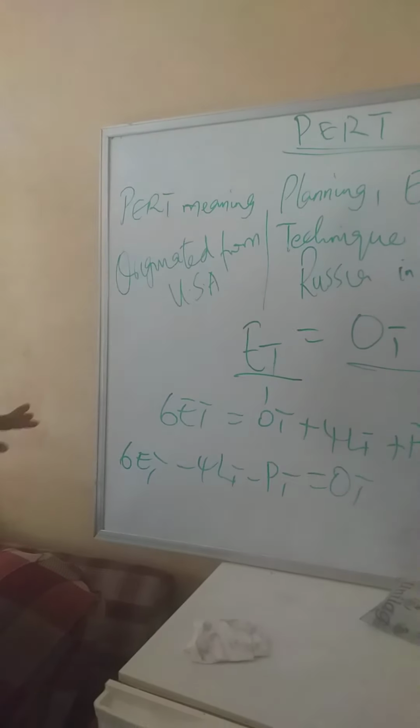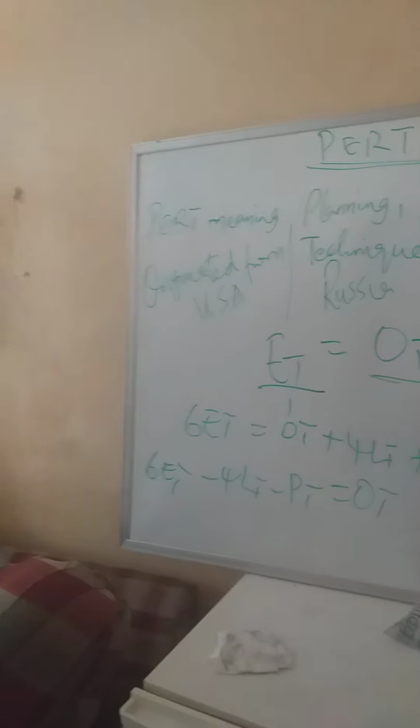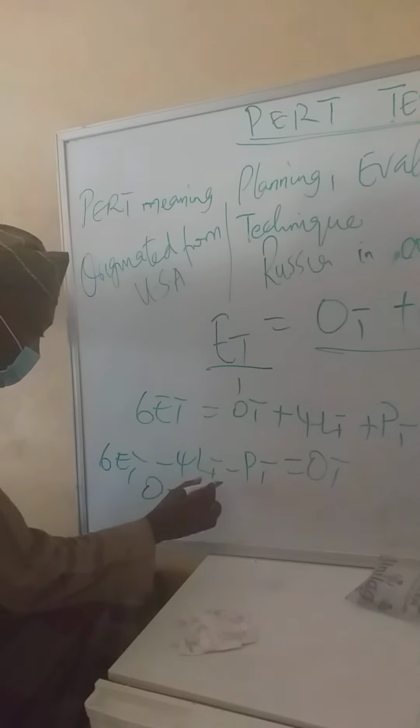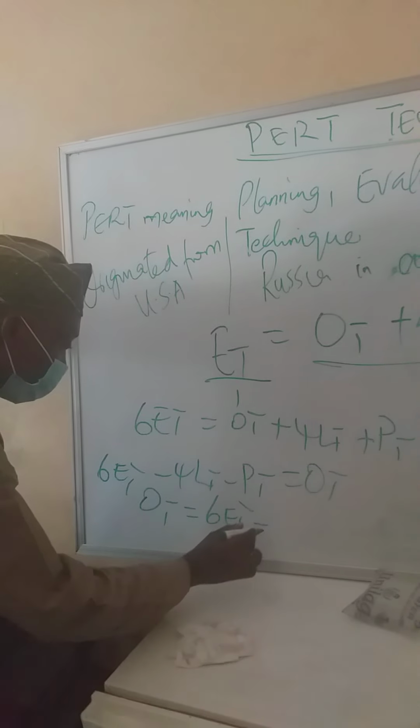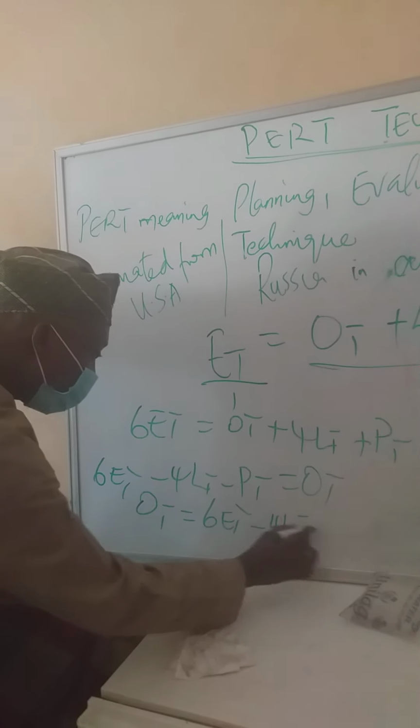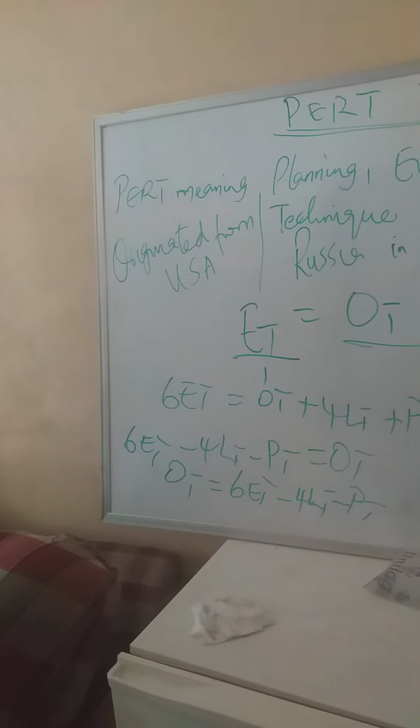So you have made OT the subject of the formula. We can write it as OT = 6 ET minus 4 LT minus PT.